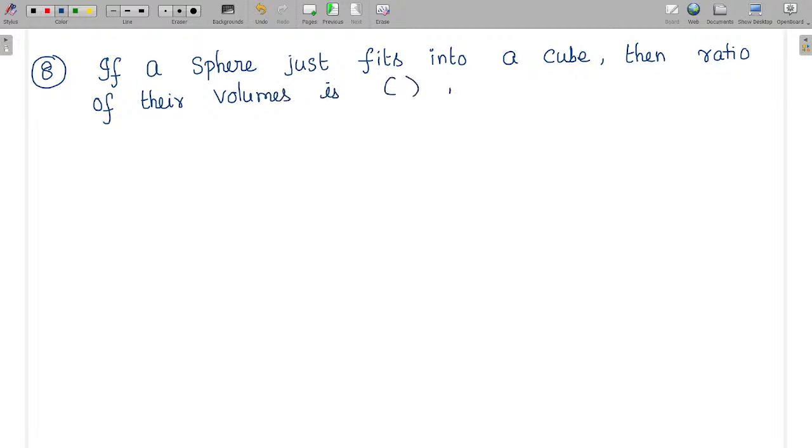So first option 3:4, option B is 4:3, option C is 11:21, option D is 21:11.